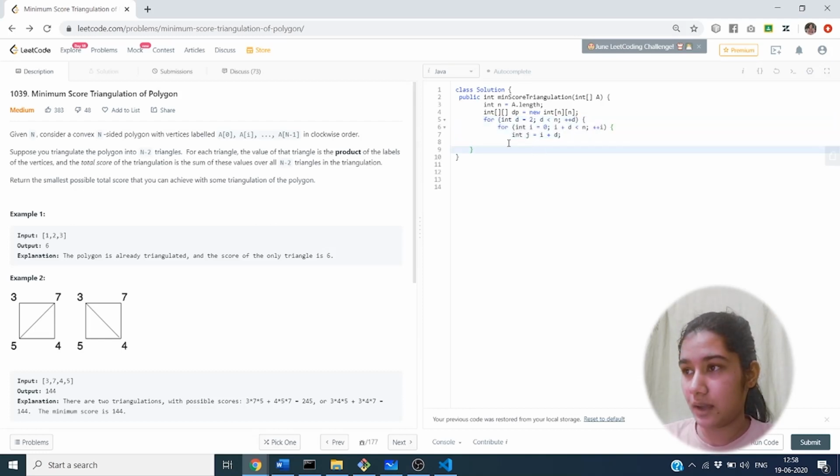The second step is to iterate over a loop with starting ith index at 0 and going up to n minus 2.